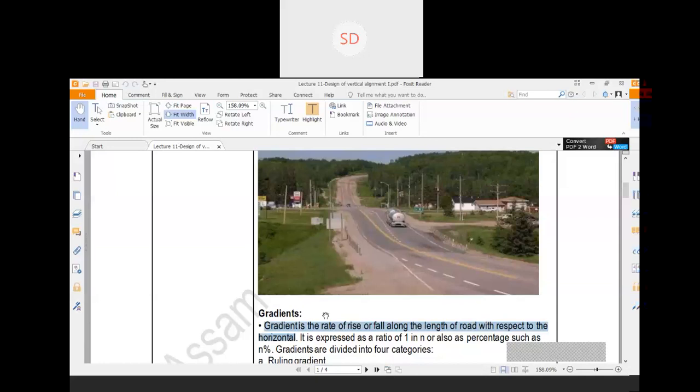So 1 in 100 means you cannot go 1 mm vertically within 100 mm of horizontal distance. So your maximum vertical profile would be 1 millimeter with respect to 100 millimeter horizontal, or 1 meter vertical with respect to 100 meter horizontal. Based on this, you need to cut and fill your entire embankment section.